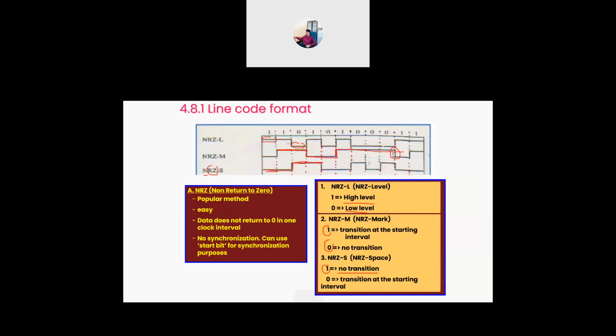For 1, no transition, so it just proceeds, and for the next 0 you're going to have a transition. Then 1, just no transition, proceed, and then 0 you have a transition, and so on. Here another 0 will give you a transition.